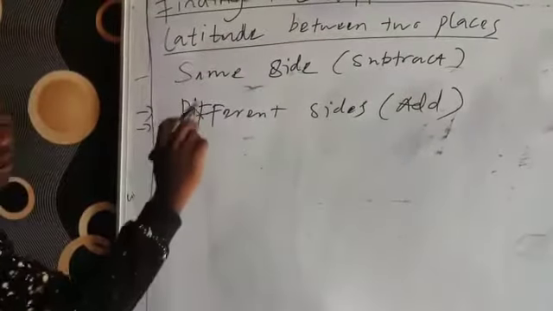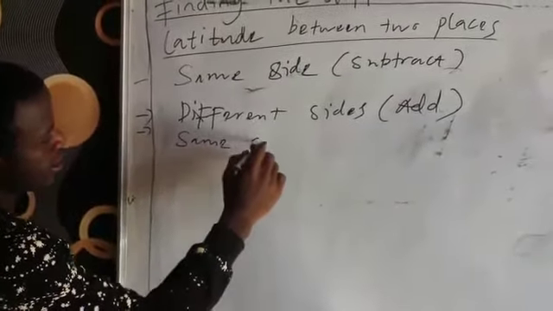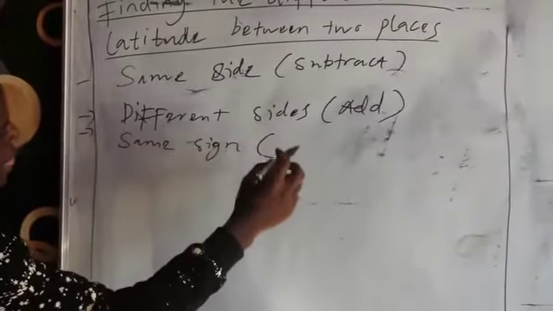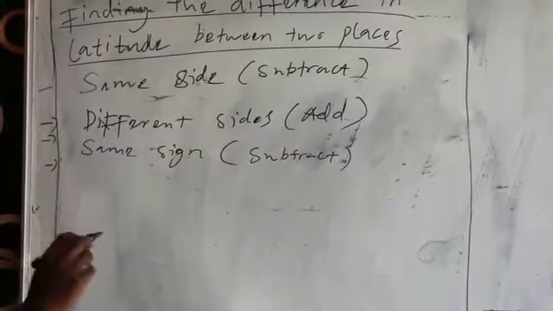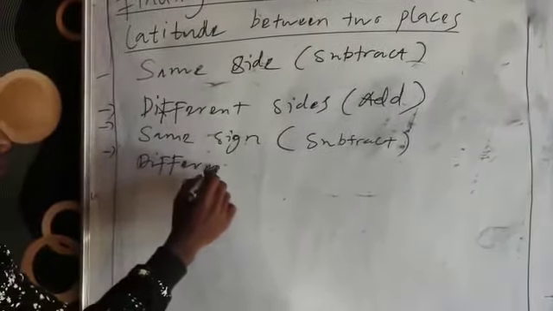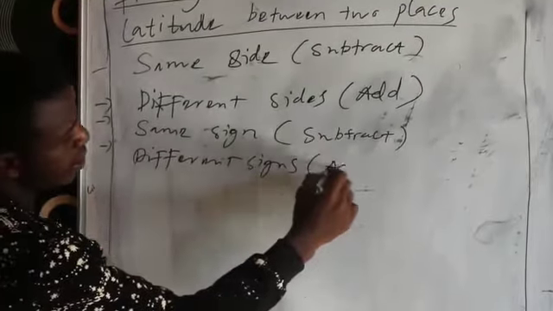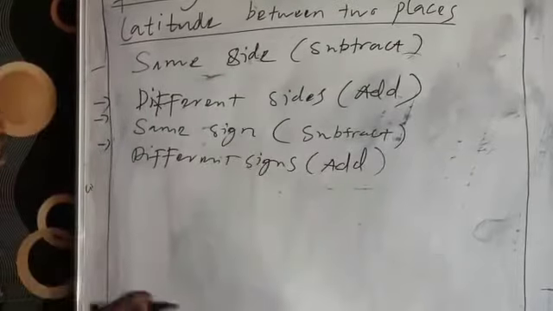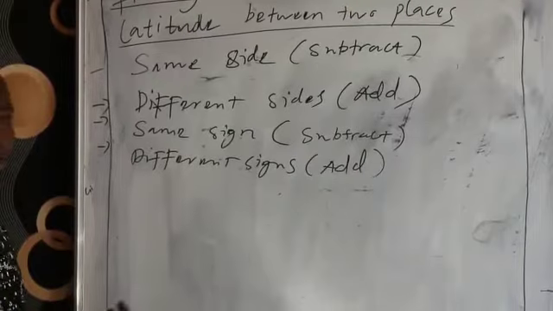Then if these places have the same sign, you subtract. Then different signs, you add. Then let us look at how you can find the difference in longitude.